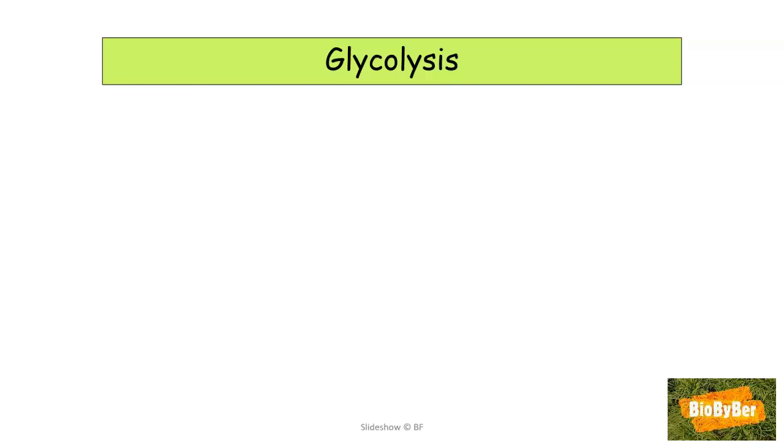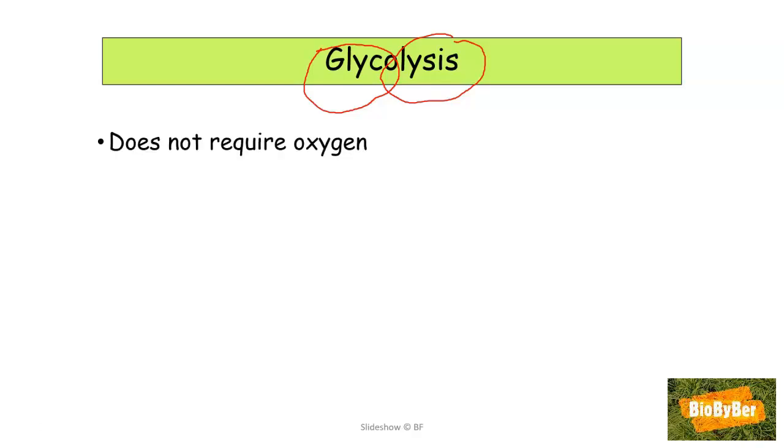The word glycolysis is made up of the word glyco, which means sugar, and the word lysis, which means breaking. So glycolysis literally means breaking down sugar. A detailed account of glycolysis and fermentation should include the following points.